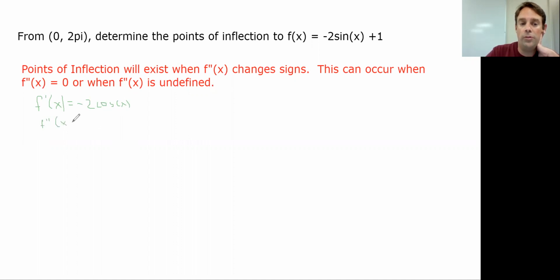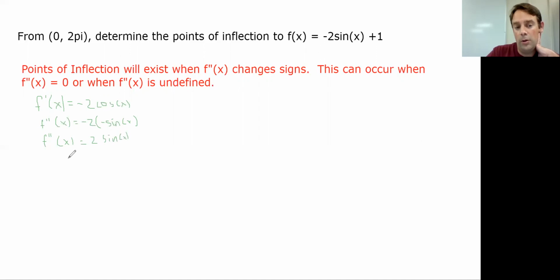So negative 2 times negative sine of x. So negative times negative makes that a positive. So 2 sine of x. There's my second derivative.